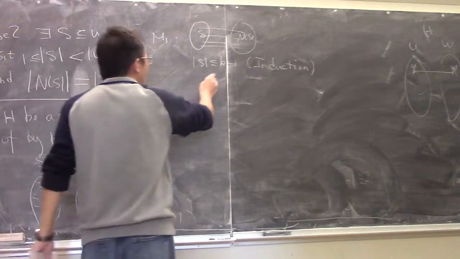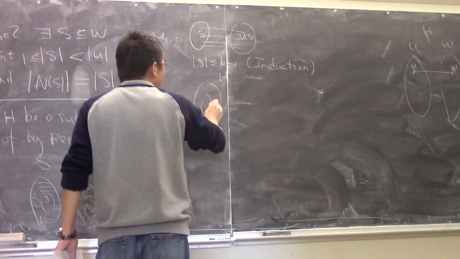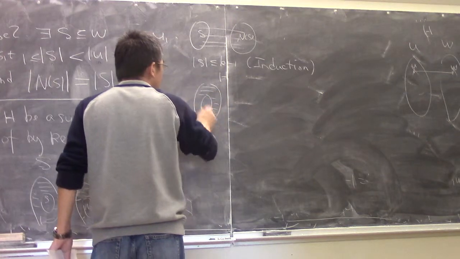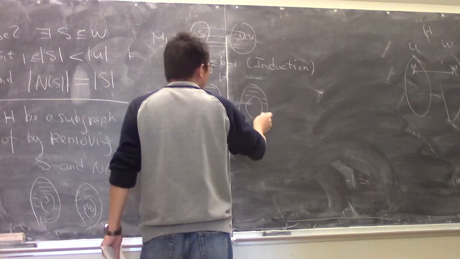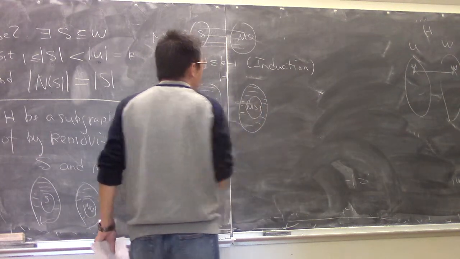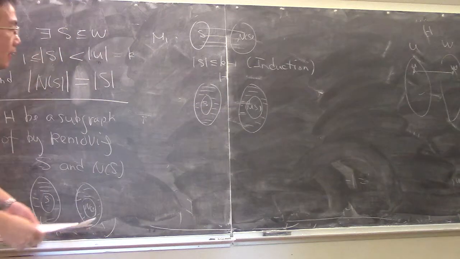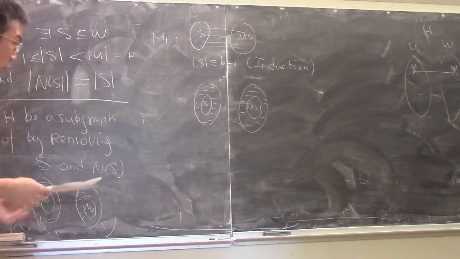Now, if you look at your H, S is gone, and this is the neighborhood of S. So this is S, this is the neighborhood of S. And if you look at this subgraph, let's verify Hall's condition is still going to be true.